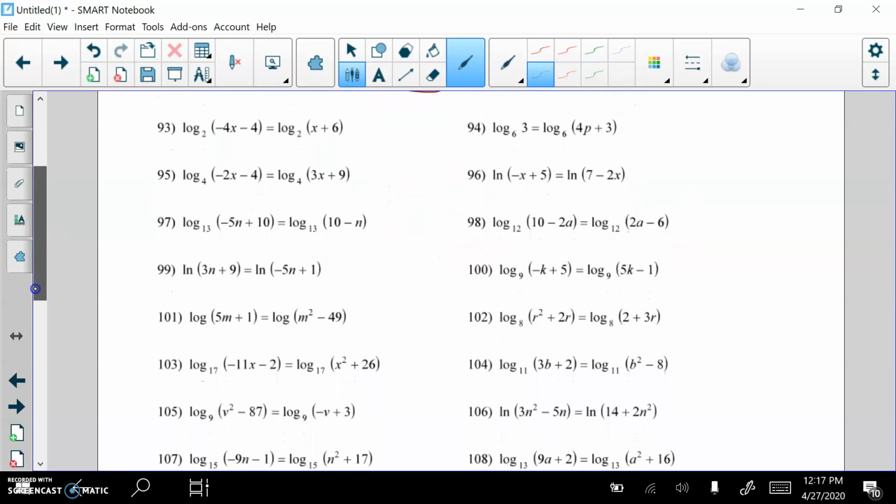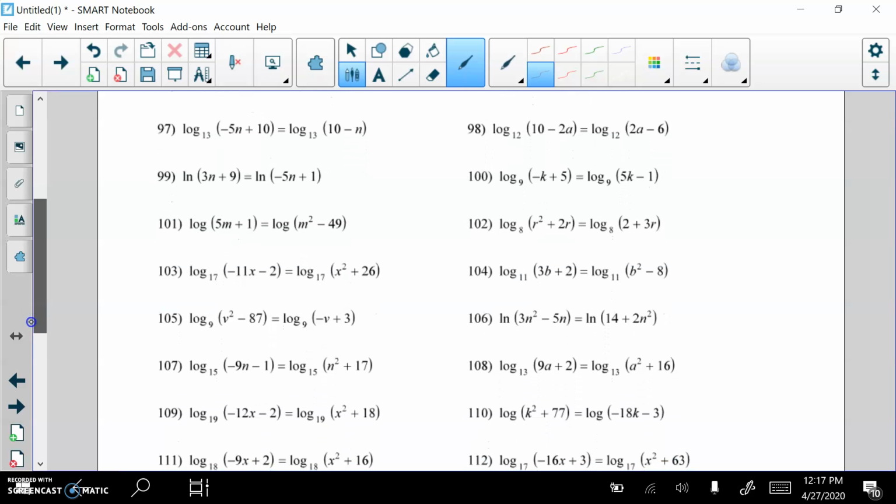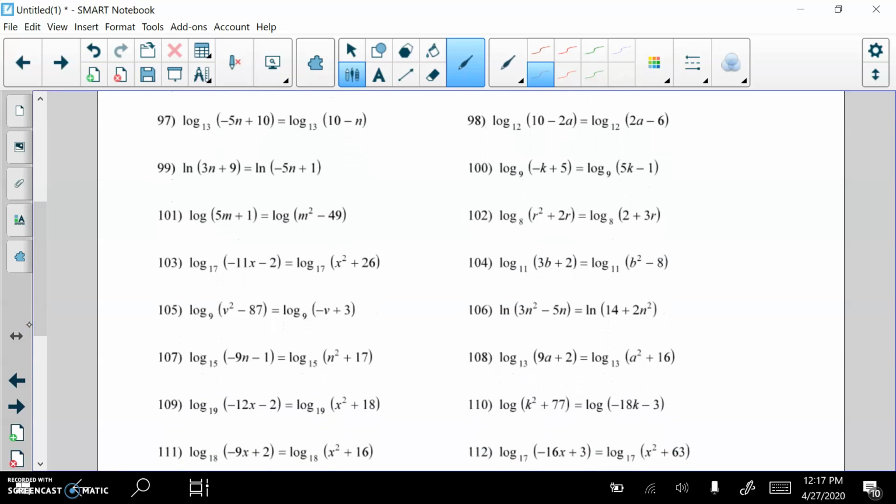Glancing through, not until you hit number 102 in that area do you have to do any quadratic stuff. On number 101, all of these have the same base, so we can just kind of do away with the exponentiate step, and here say 5m plus 1 equals m squared minus 49. Move everything over to the right, and you have m squared minus 5m minus 50.